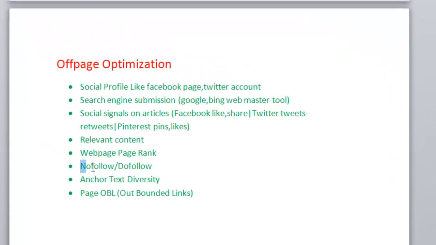These are some HTML tags. If a web page has a no follow tag, it means that if you create a backlink on a no follow link, Google will not consider your backlink, or Google will not check your backlink. Google will not follow your backlink.